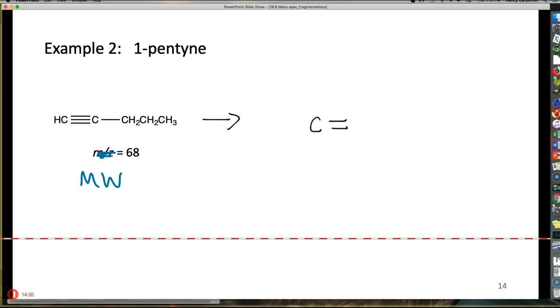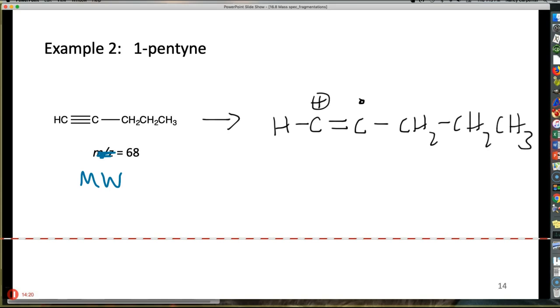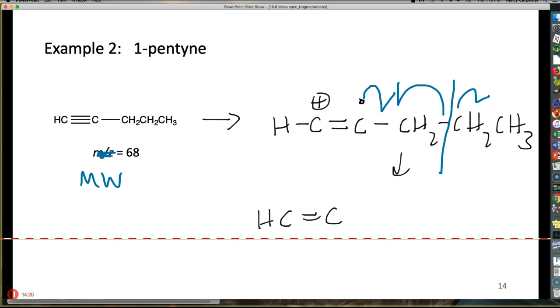So let's say we lose an electron to give us this guy and this guy. And then what do we have? Well, we have CH2, CH2, CH3, and using, again, our radical electron movement arrows, pop that guy down. He gets matched up with this guy over here.